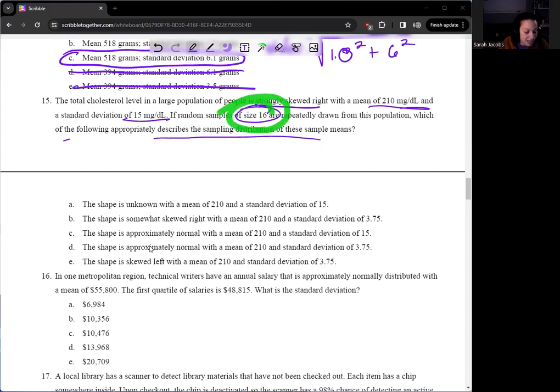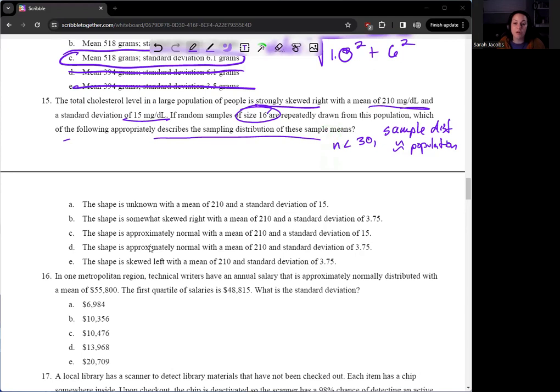The sample size is less than 30, which means the sampling distribution will approximately match the population. The closer that sample size gets to 30, the more normal the sampling distribution becomes.